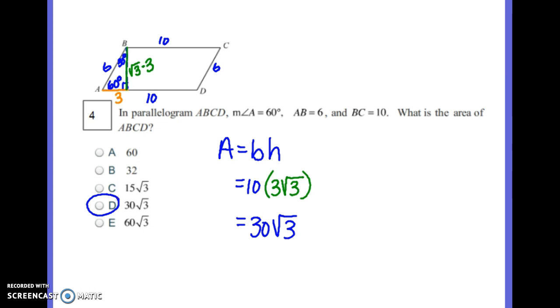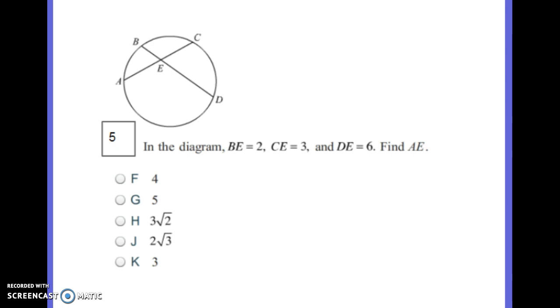And then on number 5, you've got the diagram, you've got a circle where BE is 2, and you've got CE, which is 3, and then you have DE, which is 6. You're trying to find AE, so we'll call that X. So when you have two chords that intersect within a circle, the product of the individual segments of those chords will be equal to each other.